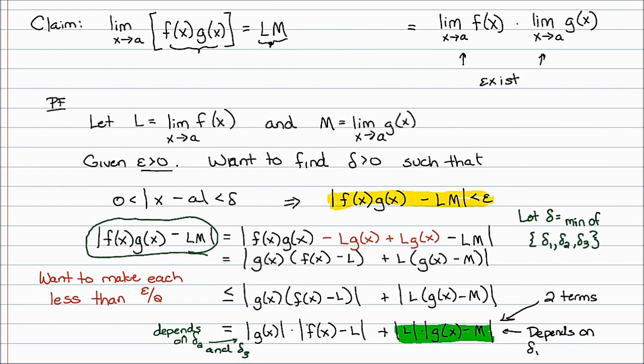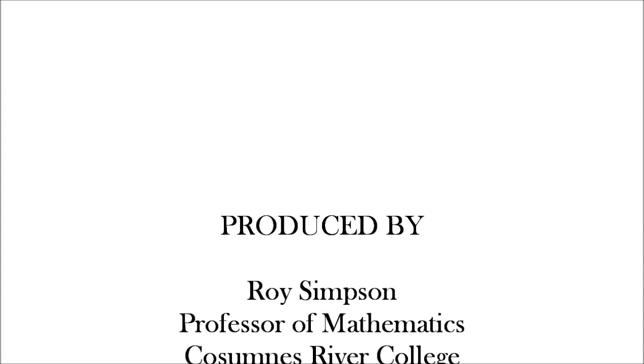By the way, this is all less than epsilon over 2 plus epsilon over 2, which is equal to epsilon. That is actually how the proof goes. It's kind of a gnarly proof though, right? Very difficult proof to do.